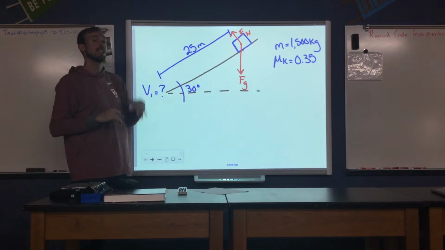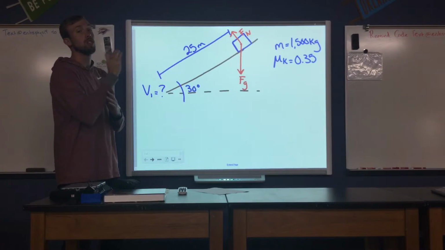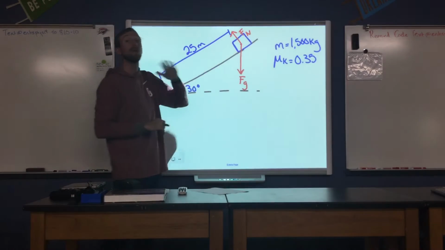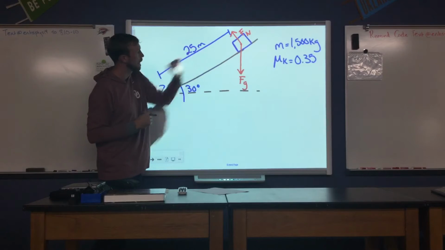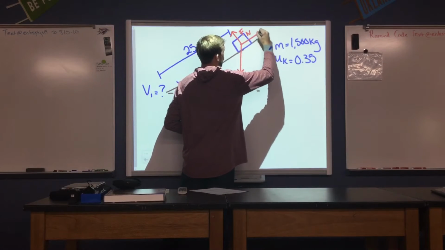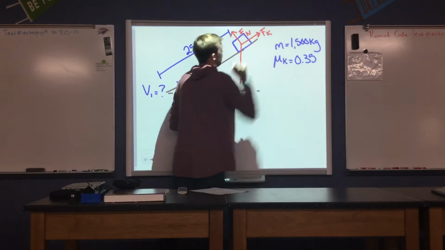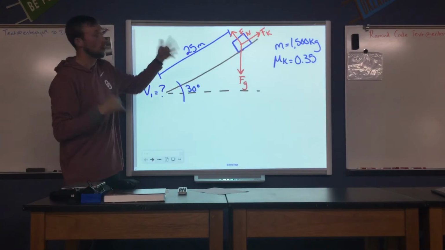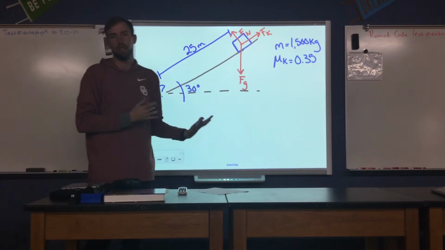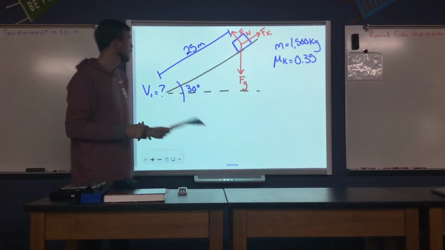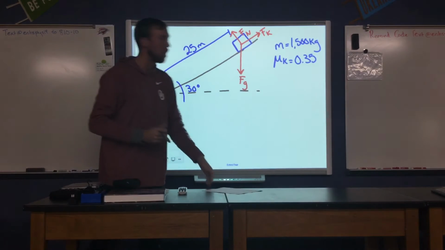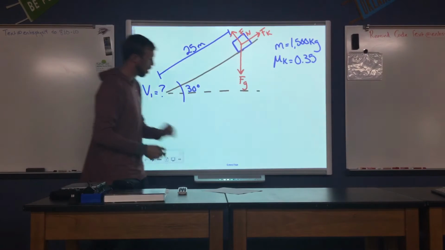The car is in contact with the road, and the normal force is always perpendicular to the contact surface, so it's at a 90-degree angle to the inclined plane. Then we're told we have a force of friction between the tires and the road, and that force of friction is going to resist the motion of our object as it moves down the plane. We're not told any other information about forces, so these are our only three forces acting on the car.